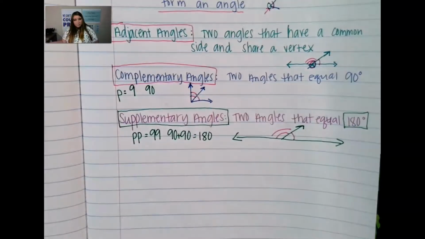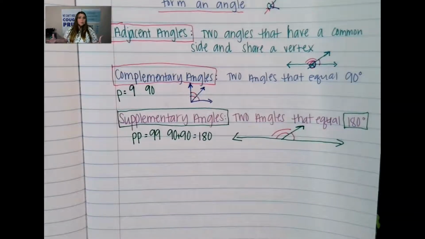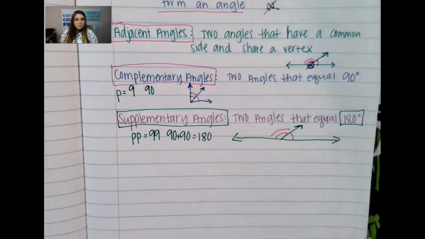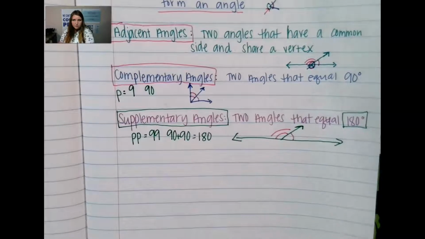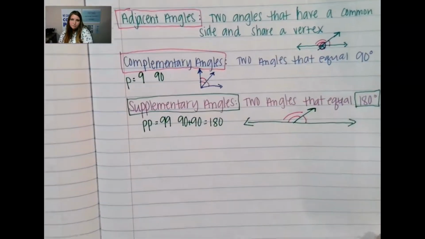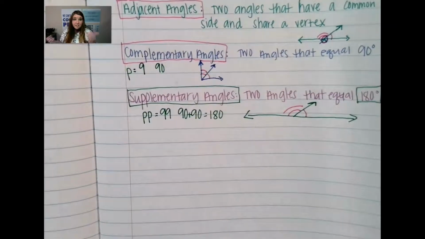You choose how you want to remember supplementary versus complementary, but that's a trick some people like. I actually had a student tell me that a few years ago, so I can't take the credit for it.